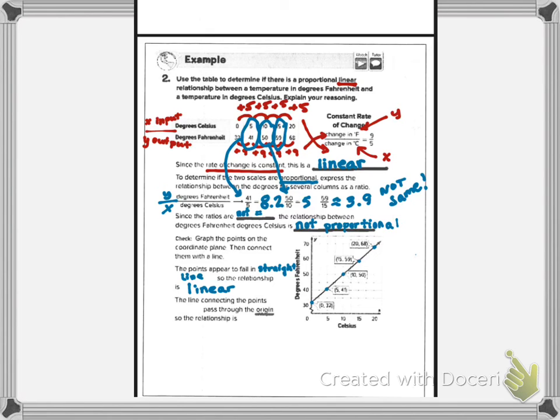And then when we look at the line connecting the points and where it goes, the starting point is at 30-ish, and it does not pass through the origin. The origin is right there on the corner. The origin is 0, 0. So the relationship is not proportional.